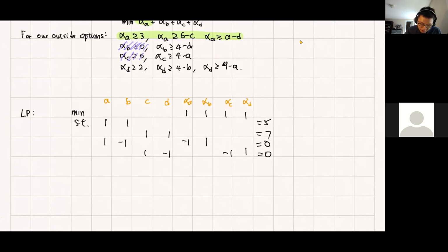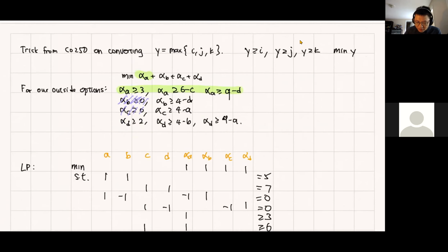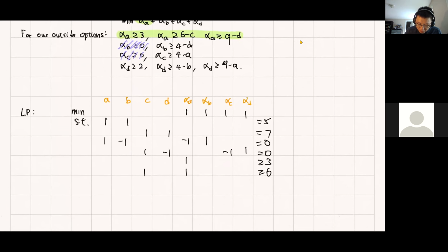Then the rest: alpha A is at least 3, alpha A plus C is at least 6, and alpha A plus D is at least 9. Alpha B plus D is at least 4.